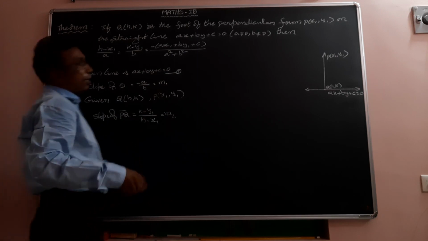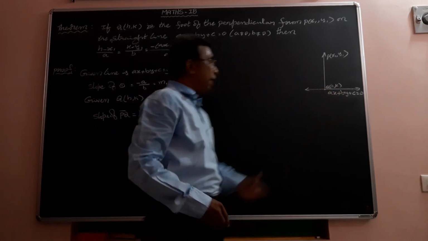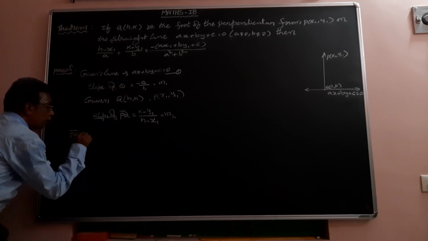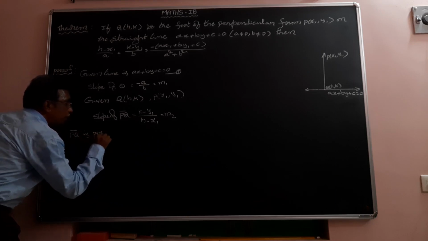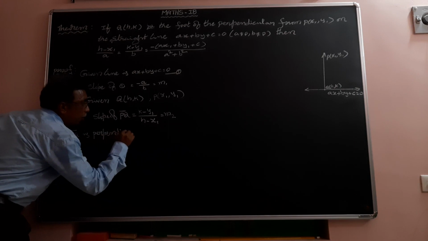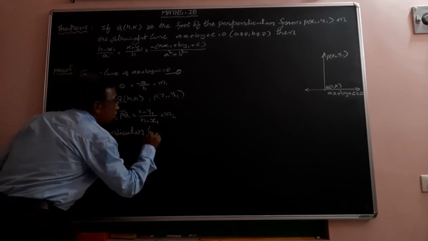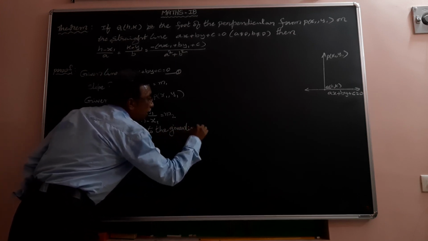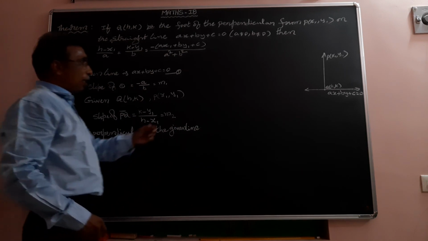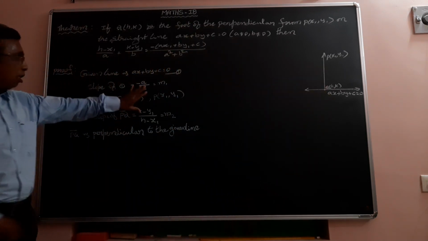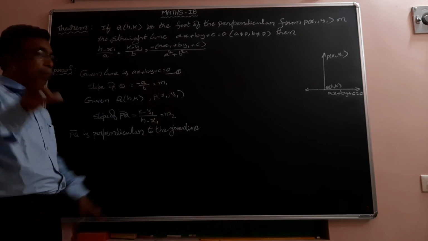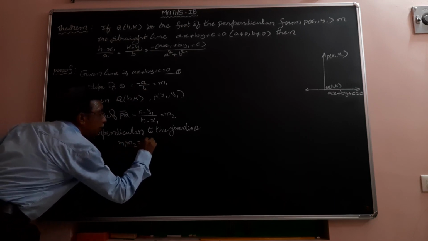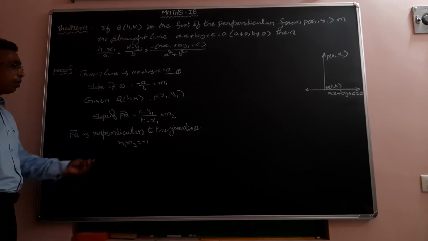Given line PQ bar is perpendicular to the given line ax plus by plus c equal to 0. So the product of slopes is equal to minus 1. m1 into m2 equal to minus 1.